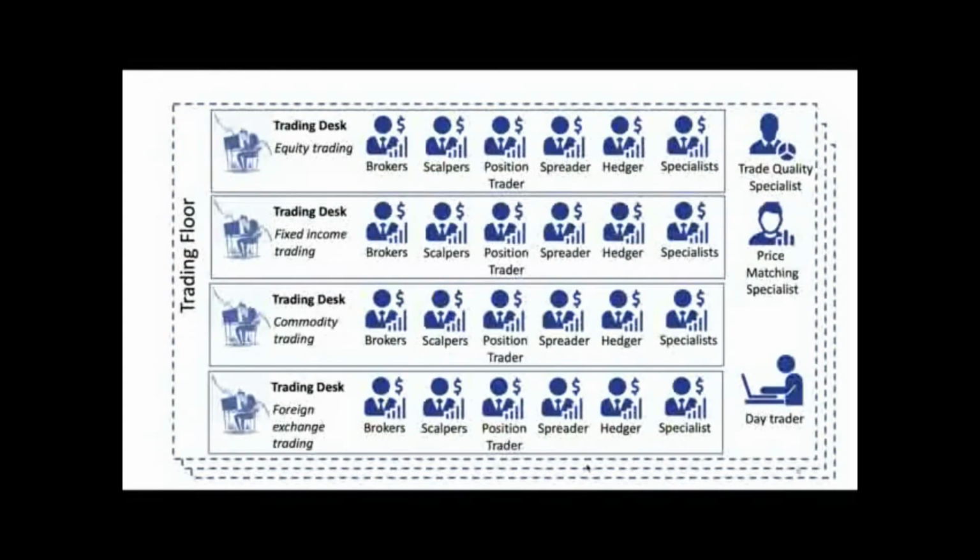Foreign exchange trading desks facilitate trading in currency pairs by acting as market makers. They can also engage in proprietary trading activities. Commodity trading desks are focused on agricultural products, metals, and other commodities such as crude oil, gold, and coffee. Each desk has multiple personas like brokers, hedgers, managers, risk managers, and so on.